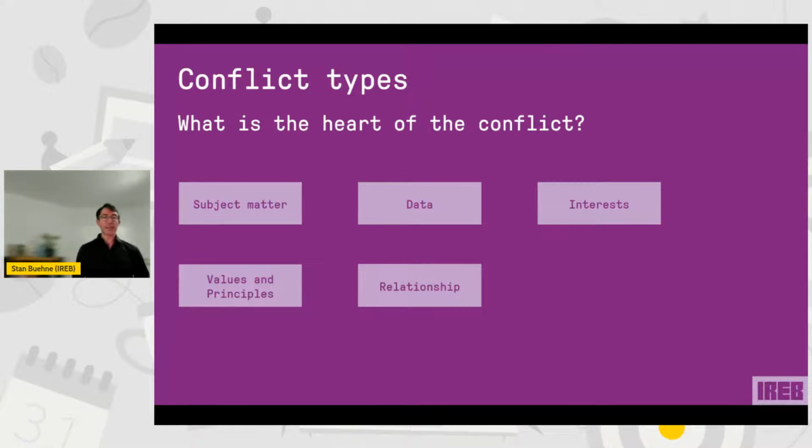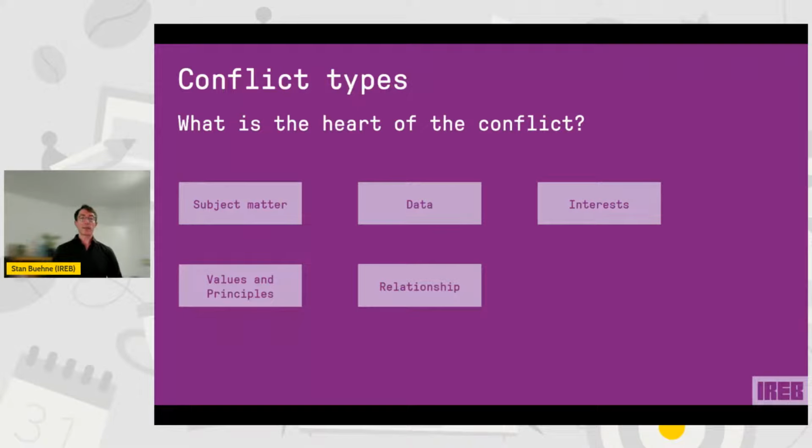Relationship conflicts also quite often happen, especially if we have different people that maybe already have some kind of negative experience with another party within this project or within this project setting.